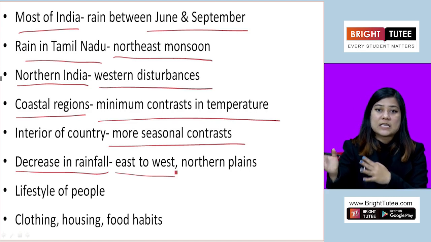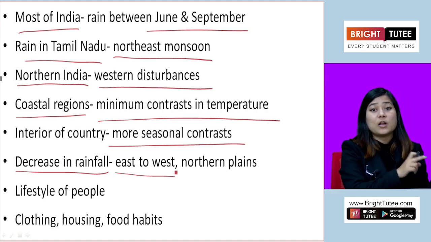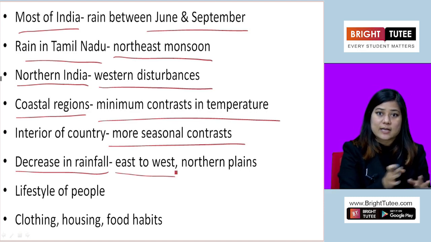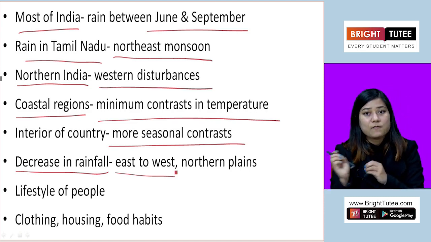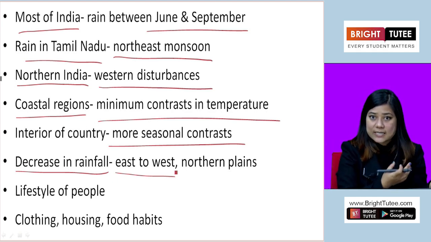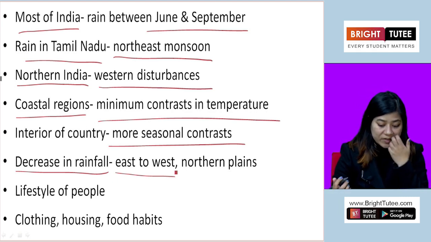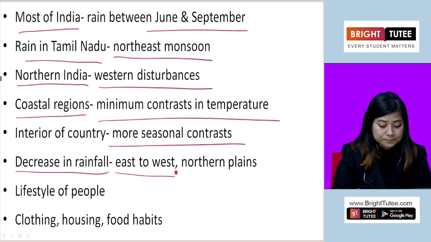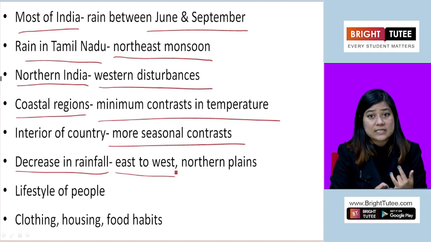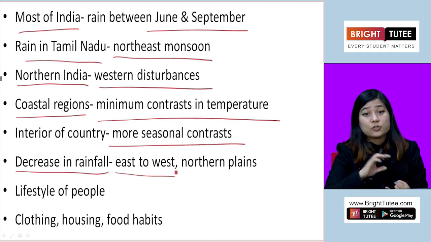You come from the eastern part of India towards the west and you see how much rainfall it receives, the entire area, then you'll realize that the rainfall decreases in the northern plains.